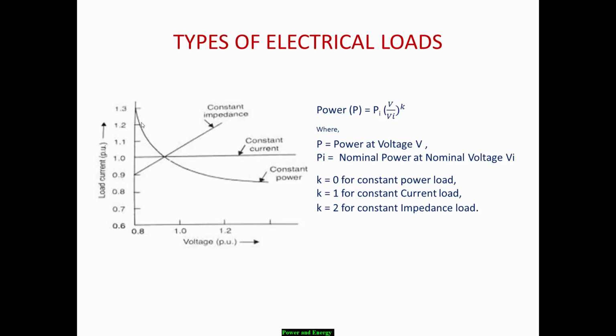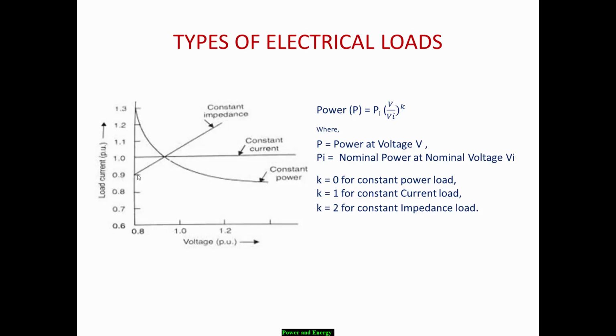Then coming to constant power load, if the voltage increases, current decreases so that power is maintained constant. If the voltage decreases, current increases, and in that way also power is maintained constant.